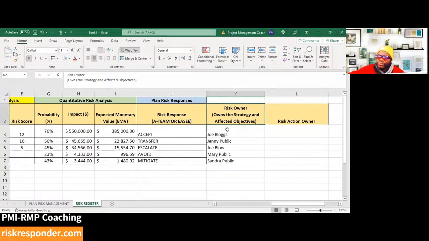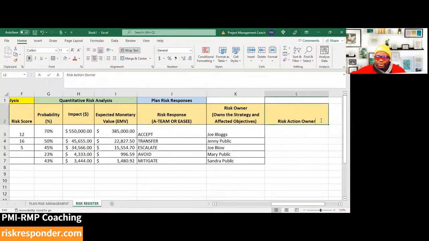So if your strategy or your objectives as a stakeholder are impacted, you could be the risk owner, but it doesn't have to be that way. The risk owner could be anyone who can best come up with some counteractive measures. The person who thinks about how to counteract, and the person who is now responsible to ensure that that risk is taken care of.